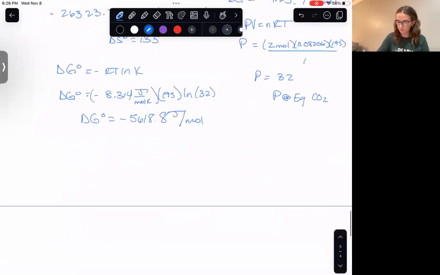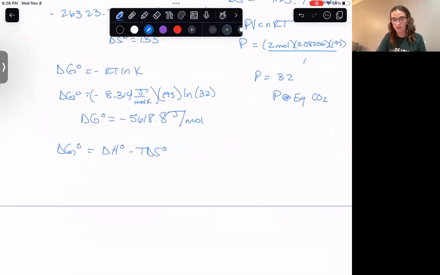And then we can use delta G is equal to delta H minus T delta S. We know from our question that delta H is 25.2 kilojoules per mole.